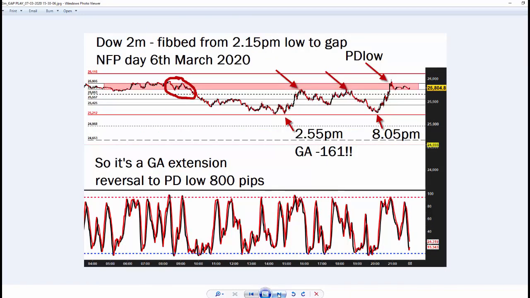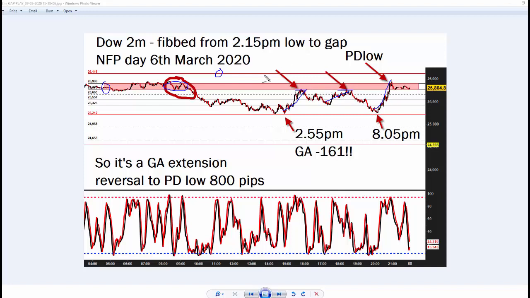That's non-farm payroll as well. Now this is taken from the perspective of the gaps. This is fibbed. That's the gap up there, 26,115, give or take a couple of pips. And you can see this is a fib zone up here that we hit in the European session, and it proved to be resistance for those first two big pushes higher, and then we got to the top of that zone into the close.